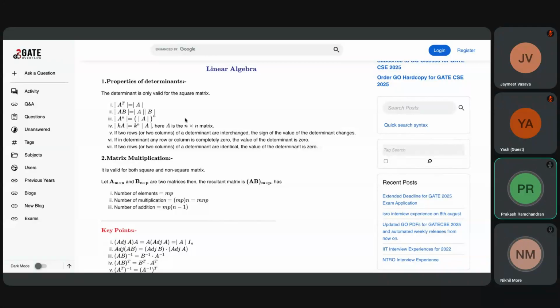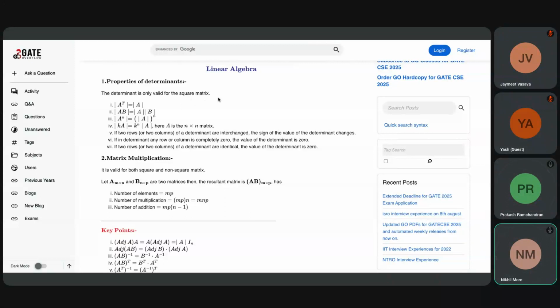A determinant is basically obtained when we perform some operations on the matrix elements, and we need at least a 2 by 2 matrix to calculate the determinant of the matrix, and it is valid only for a square matrix.